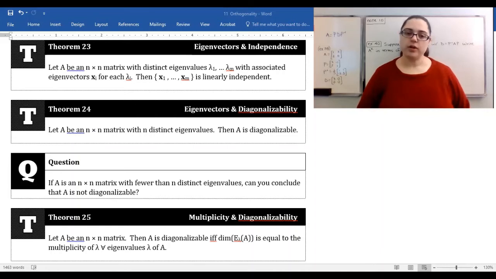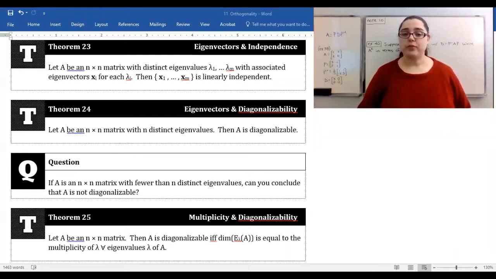What theorem 24 says is that if you have an n by n matrix with n distinct eigenvalues, then the matrix is diagonalizable. This kind of makes sense if we think back to that example that broke, right? Where we had one eigenvalue that had multiplicity 2, and we only got one eigenvector out of that. We could have gotten 2, but we only got 1.